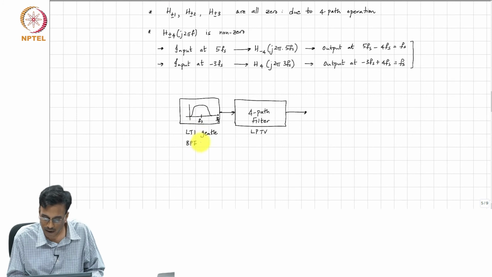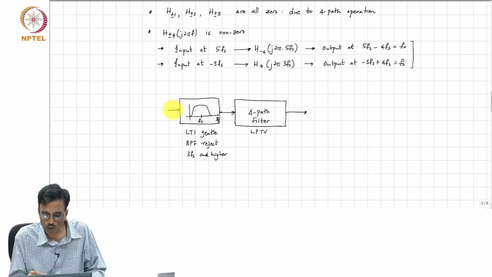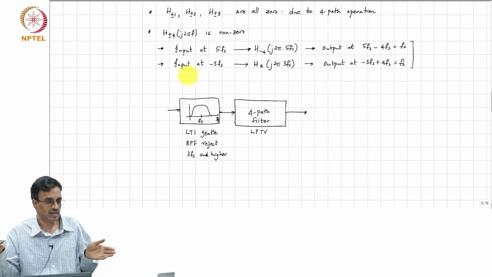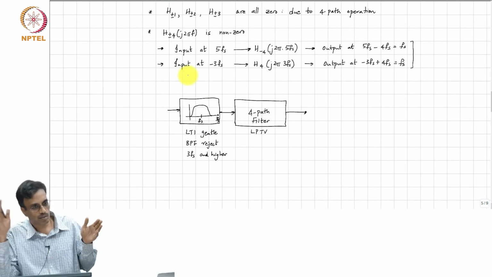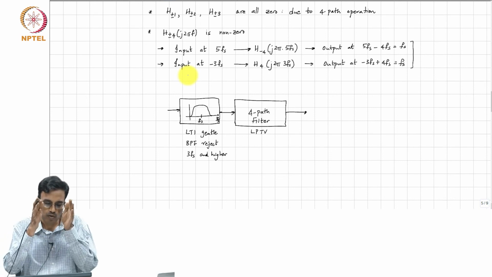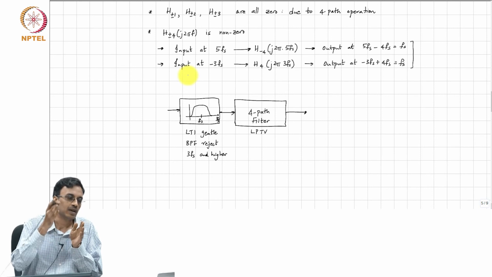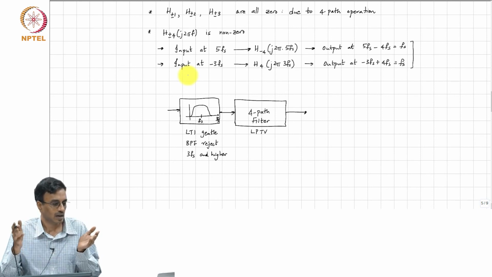So, to reject 3 fs and higher. Okay. So, this is easy to do because it is very gentle and it only has to reject something which is very, very far away from fs, right. The biggest challenge with band pass filtering is that if you have two tones which are closely spaced, it is very difficult to reject one and pass the other, right.